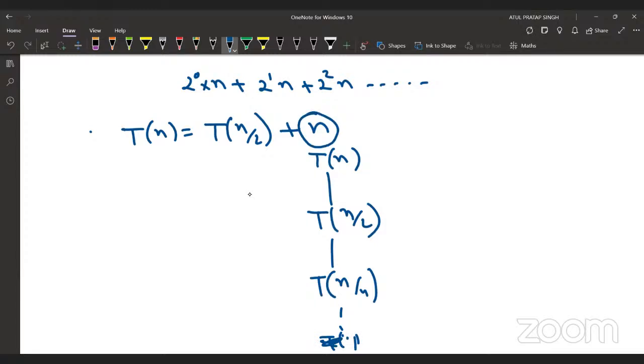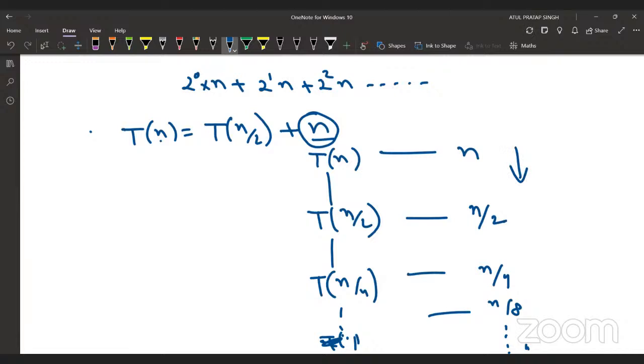So this is the extra operation n when we perform quick select on n input. That means this is n operations at this level. Now we are performing quick select on n by 2 elements, so the total number of operations required is n by 2. Then n by 4, n by 8, until it equals 1. So the total number of operations at each level is decreasing here.